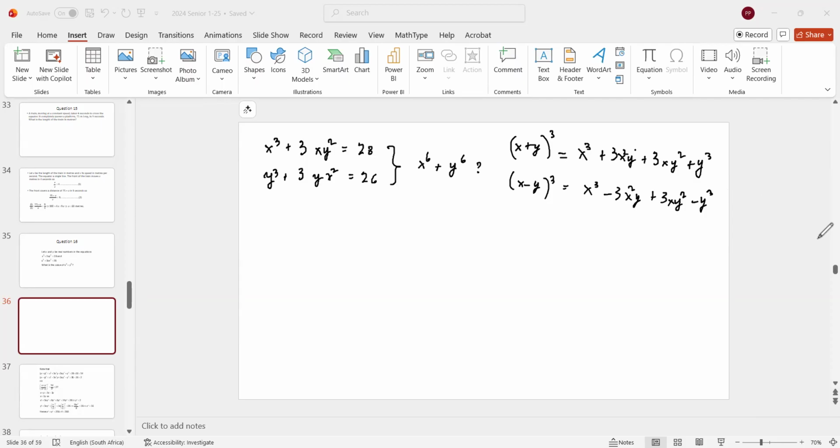When I was in school, I was taught this like this. You square x, you get a cube of this. Now you square this, multiply by the other one, and multiply by 3. So I get x squared times minus y gives you minus x squared y, and you multiply that by 3.